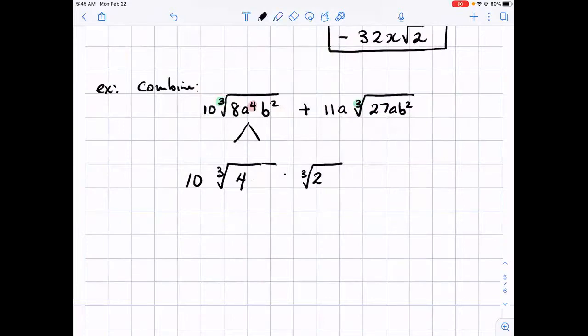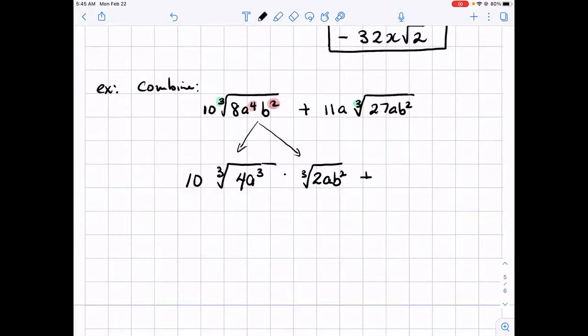So I have to write that as a cube times a, okay? And the power here is smaller than my index, so that will not be able to simplify it. So by simplifying, I get these two radicals.